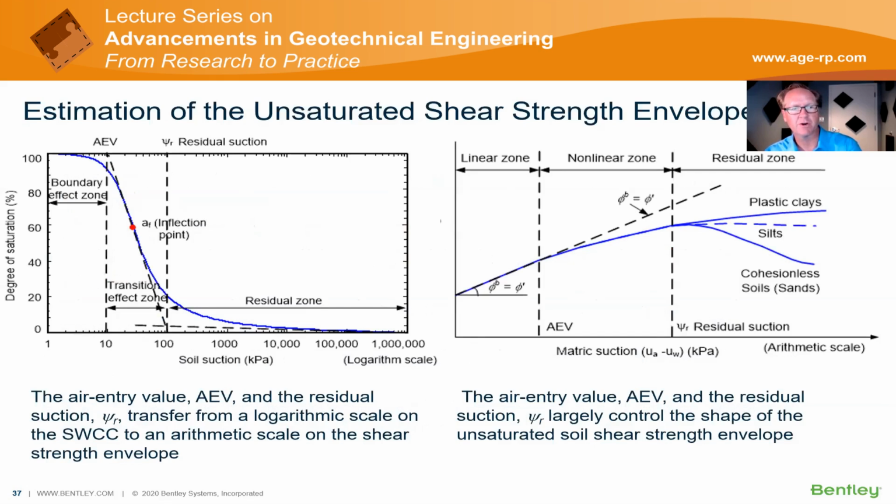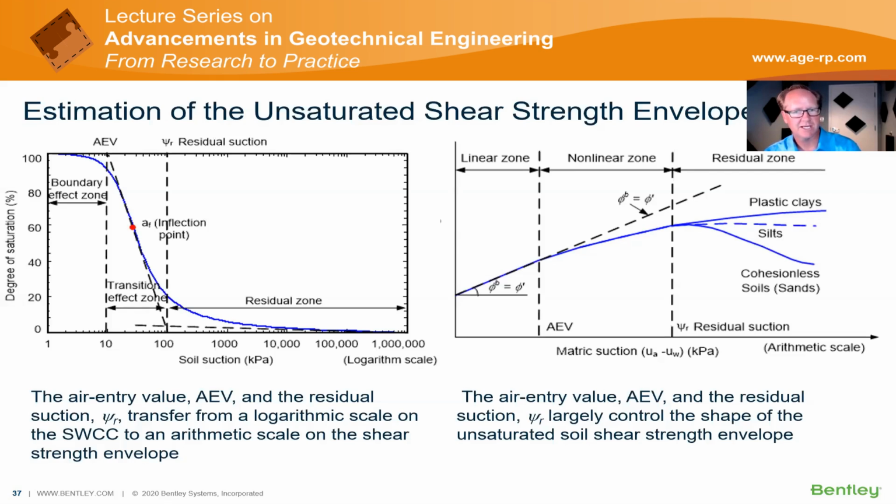These 2 curves do a lot to illustrate this. On the left, we have our soil water characteristic curve, where the air entry value is hit and the soil rapidly desaturates to residual conditions. On the right-hand side, you have a corresponding shear strength envelope. Let's talk through what happens here. Before the air entry value, your phi b equals phi prime, and therefore your contribution to shear strength from the soil suctions equals your phi prime.